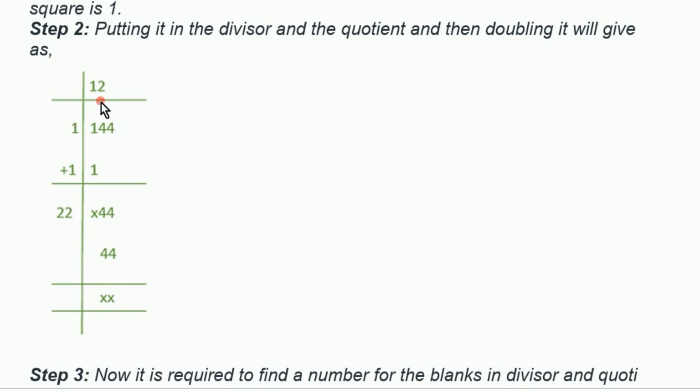If you take 21, you take 1 here; if you take 22, you take 2 here. So 22 times 2 is 44, and you know 12 times 12 is 144. In this way, for larger numbers, this may be an easier method.